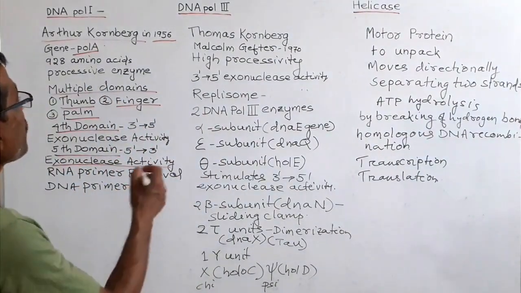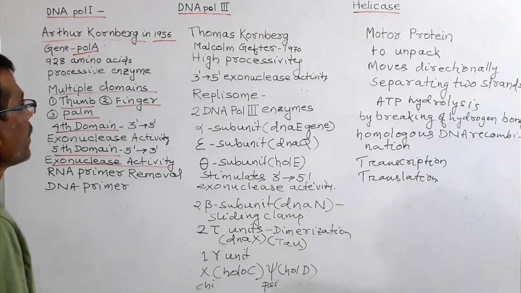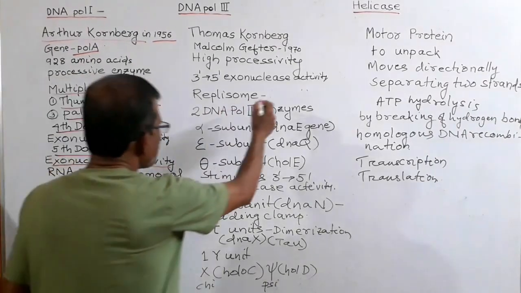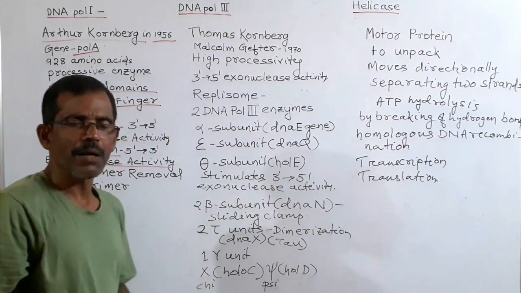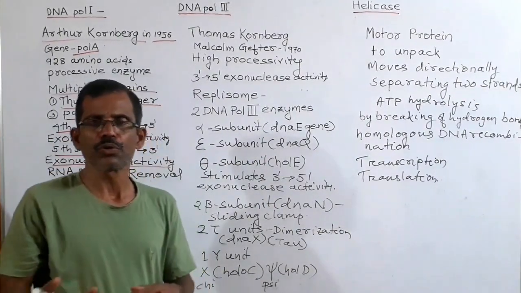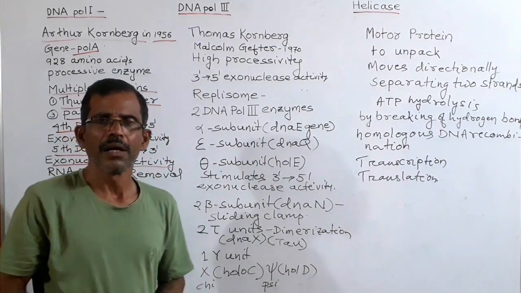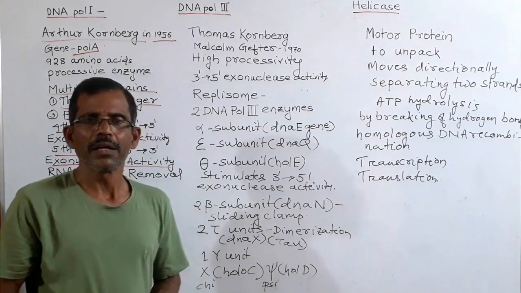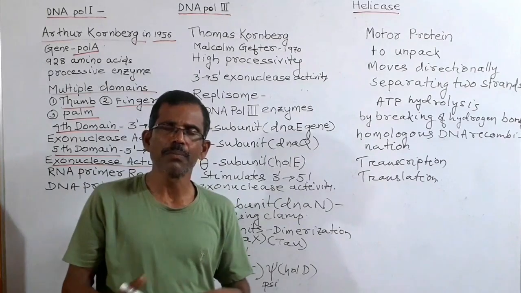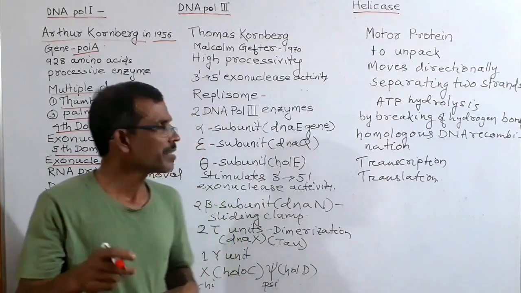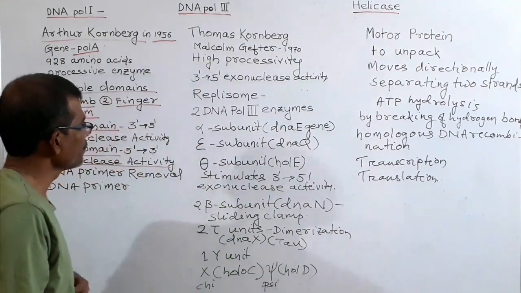DNA polymerase 3 has 3' to 5' exonuclease activity, also known as proofreading activity. By this activity, DNA polymerase can rectify any error committed by this enzyme during the process of DNA replication.